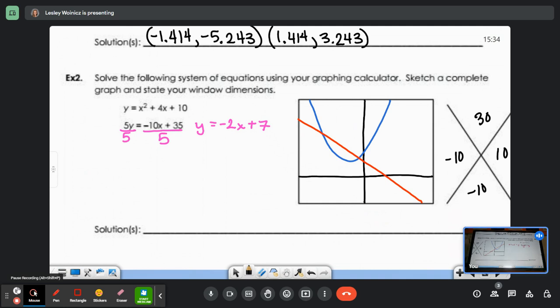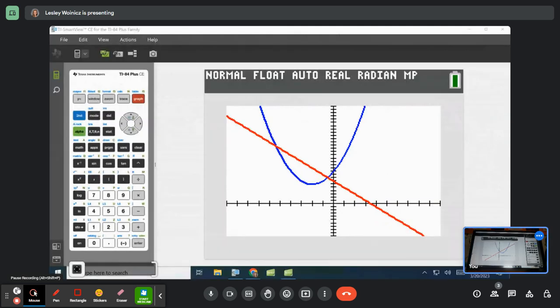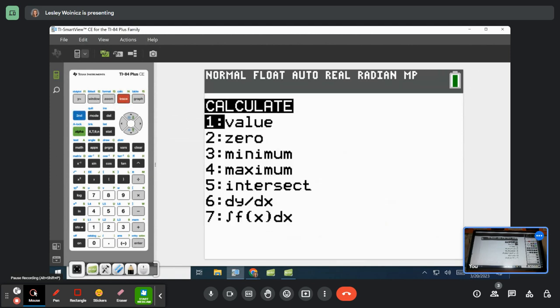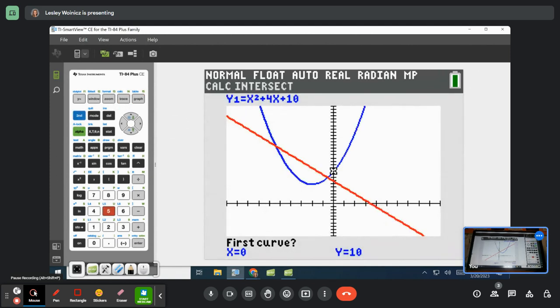Okay, now we're going to do the calculator steps again and find the intersections. All right, so we do second trace. We go to 5, intersect. First curve, I want my blue parabola. Second curve, enter on my red line. Now I want to guess.